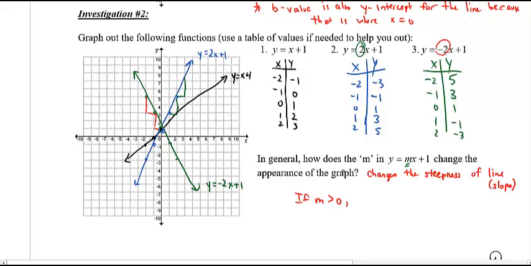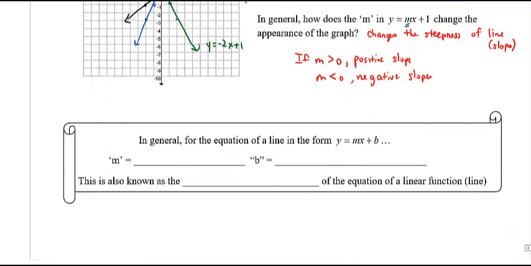Positive slope. And if m is less than 0, you'll see that you get a negative slope, going, of course, downwards from left to right. So, this gives rise to something called the equation of a line.